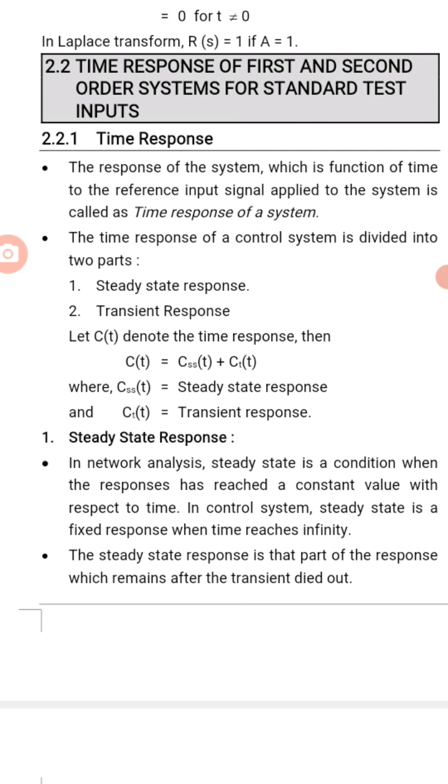Now let us understand why the time response of first and second order systems for standard test inputs is important to learn in two types, that is steady state response and transient response. Let us assume that we apply a 1 volt DC signal to an amplifier, which amplifies this 1 volt signal and gives a corresponding output of 10 volt DC.